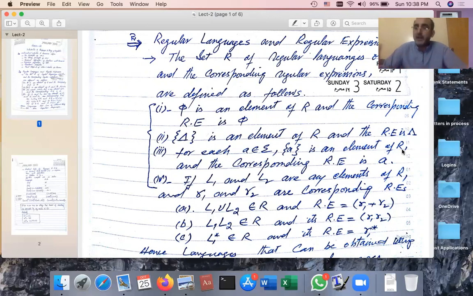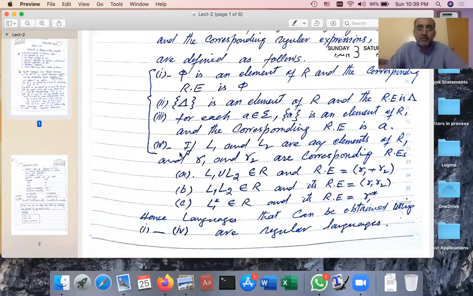It could be any alphabet, A, B, C, X, Y, Z, whatever. That's why it is written here as for each A belongs to sigma. If A in curly braces is an element of R, then we can write the regular expression for that element of R as simply A without any curly braces.